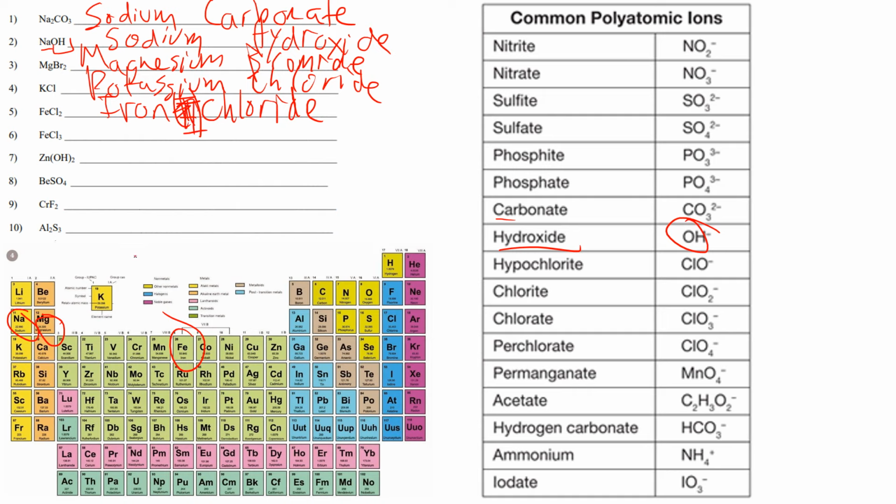Okay. The transition metals. What's special about the transition metals is that they can have multiple charges. So unlike, for example, the alkaline earth metals, which always have +2, alkali metals always have +1, halogens always have -1, and noble gases don't react.